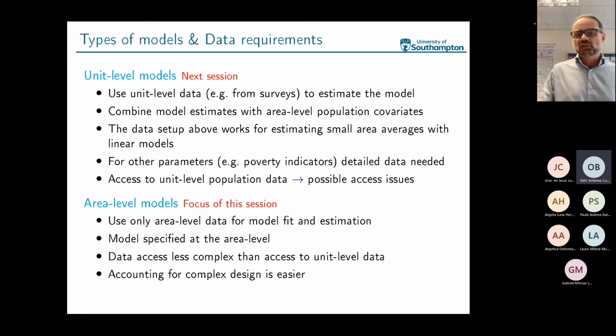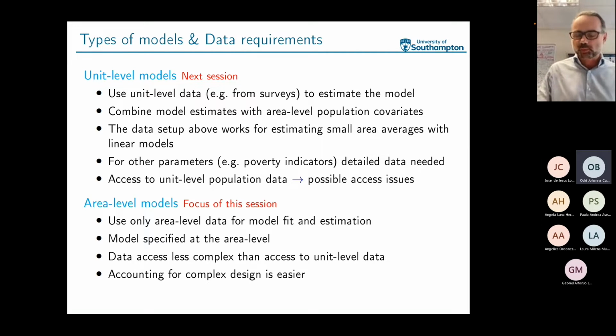And then what you do is you combine the model estimates with some population level covariates. In the simplest case, the type of population level covariates you need are area level population covariates. So that may be coming from some census, if you have the census data, or if you use administrative data representative of your population.